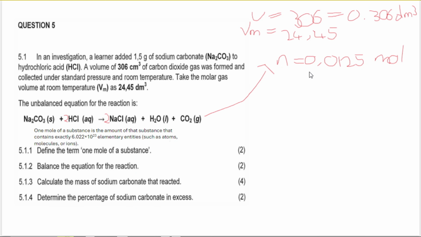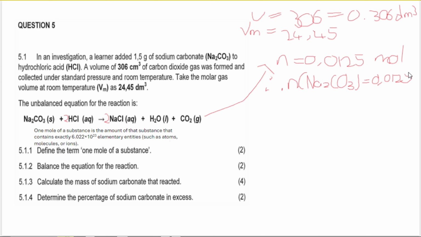Okay, so we have the number of moles of carbon dioxide, and then we said therefore the number of moles. So this is how I would write it, the number of moles of what substance? It is sodium carbonate, Na2CO3, need to indicate the subscripts, equals also 0,0125.